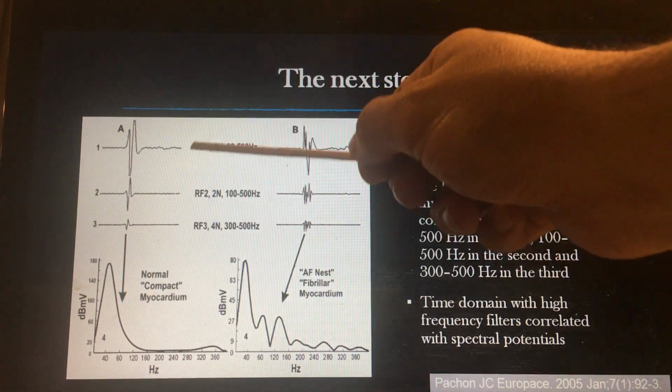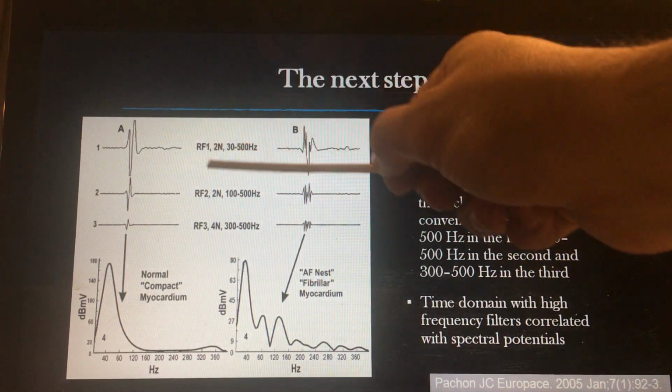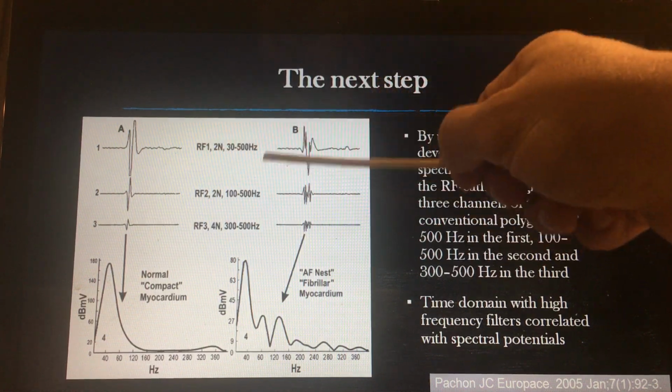As you know, in our classical settings we use this one.